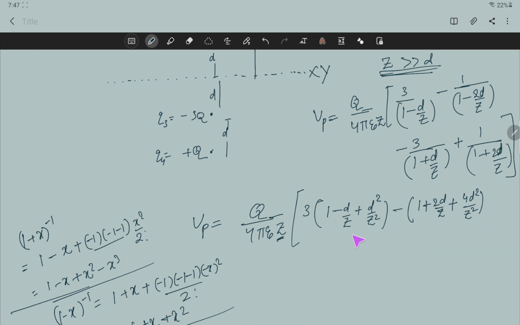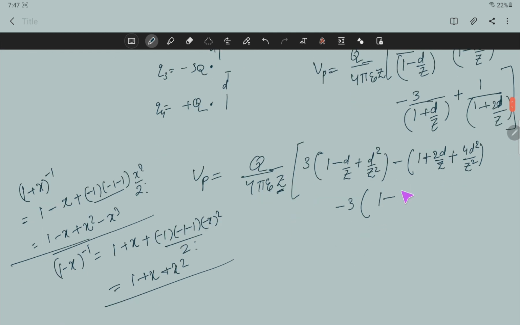Now we have to expand this term, minus 3. So this will give alternate positive and negative terms, and the third term will be 1 plus 2d by z, alternate positive and negative.